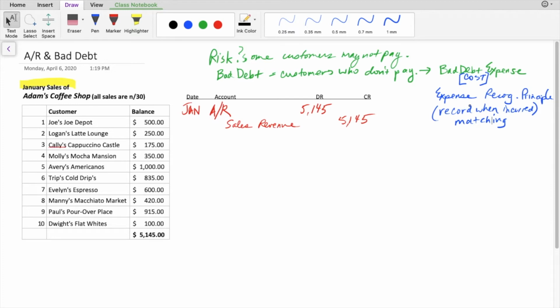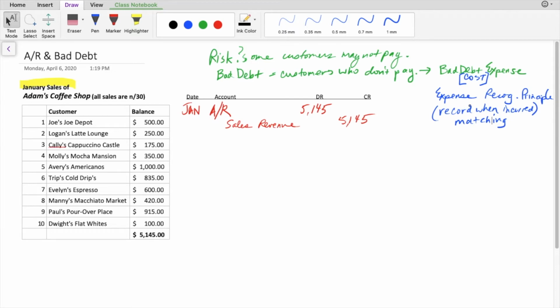That's the matching principle. Expenses from January have to get matched to revenues from January. And so I have January revenue recorded in my journal right now, which means I need to record January expense for bad debts right now in my January journal.